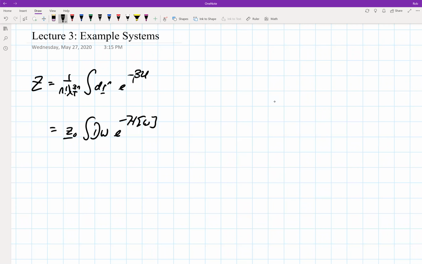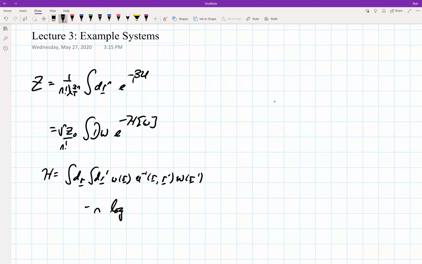This should still have 1 over n factorial, and probably also the V to the n needs to stay explicit there. The Hamiltonian had this general form. We introduced a field, and this is the case for a single component system. We had one field w of r, the functional inverse of our parapotential, and then the field at a different location, and then minus n log Q of iw.